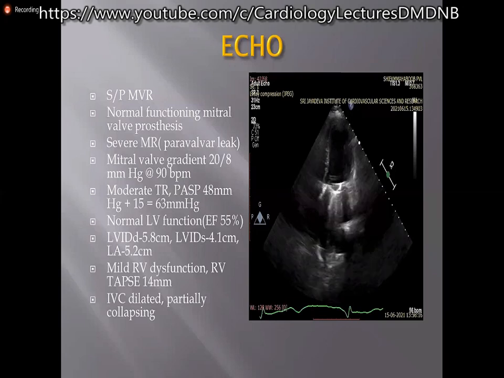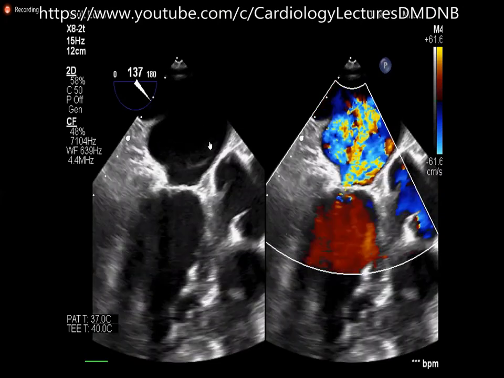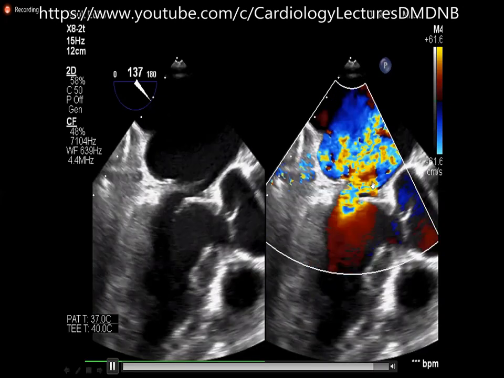So this is, you can see here, the left atrium is pretty big, and particularly this is a two-chamber view. You can see a severe mitral regurgitation.